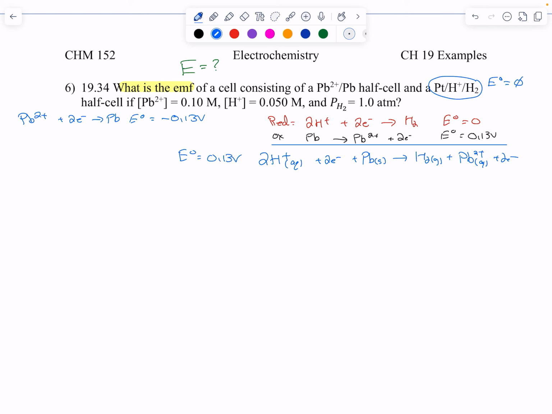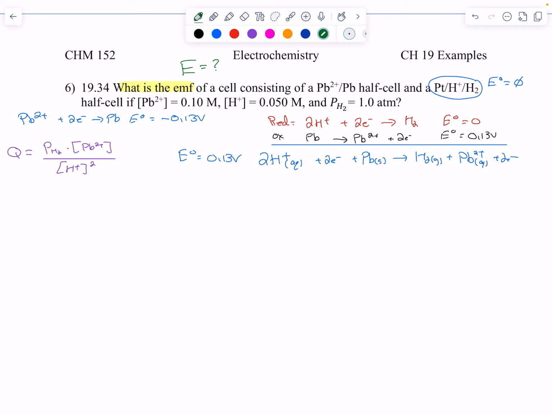All right, so we can throw in Q. Our reaction quotient is going to be products over reactants: the pressure of H2 times the concentration of lead 2+, all over the concentration of H+ squared.